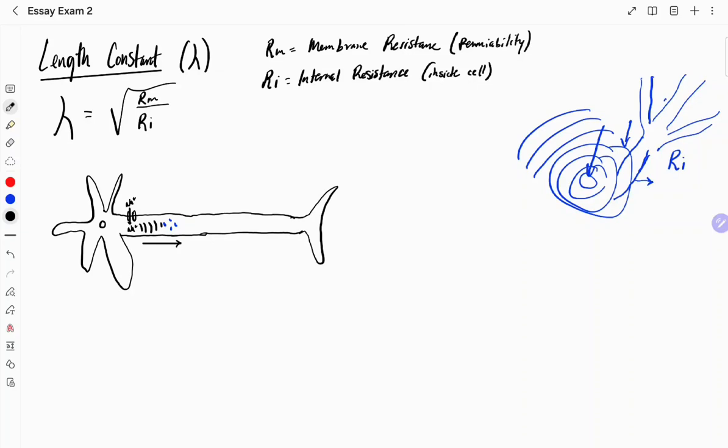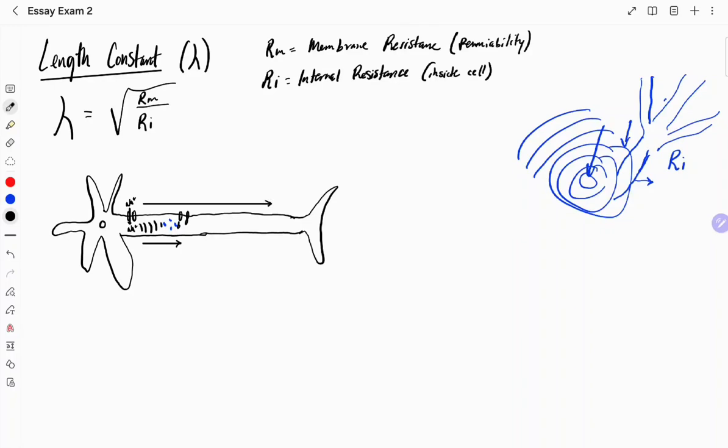So, a combination of membrane resistance and internal resistance will help us determine how far this signal is going to travel down the axon. Why is that important? Because those signals help to activate and trigger the opening of sodium gated channels down the axon, which will trigger another action potential, so that will move this signal down the neuron towards the synapse.